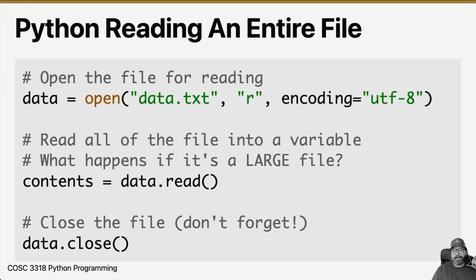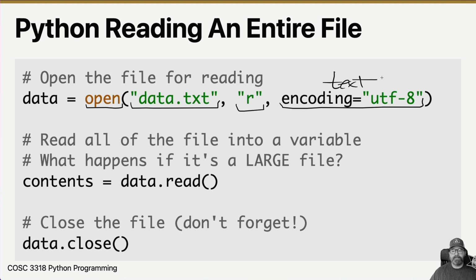So reading an entire file is really easy in Python. Here are the 3 lines of code it takes. We call the open function, which is built into Python. We tell it that we want to use the data.txt file. R means we want to read it. And then we tell it we want the encoding UTF-8, which turns it into a text file.